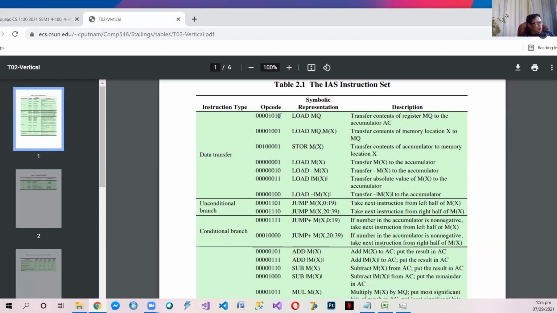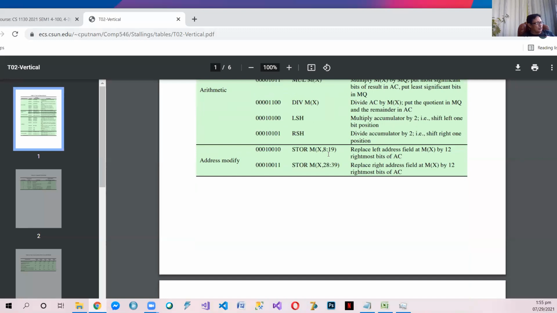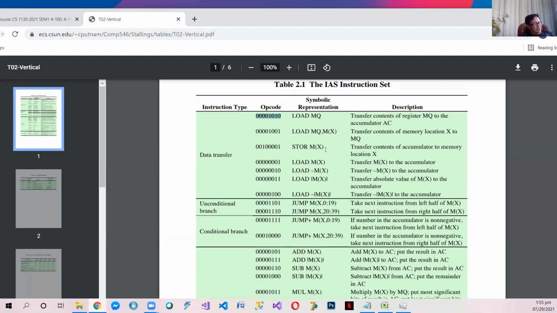Okay? If you count the opcodes, this is 8 bits, no? 8 binary digits. But it's quite long because there are only about 22 or 23 instructions. So for 22 or 23 instructions, you will only need 5 bits. Diba?